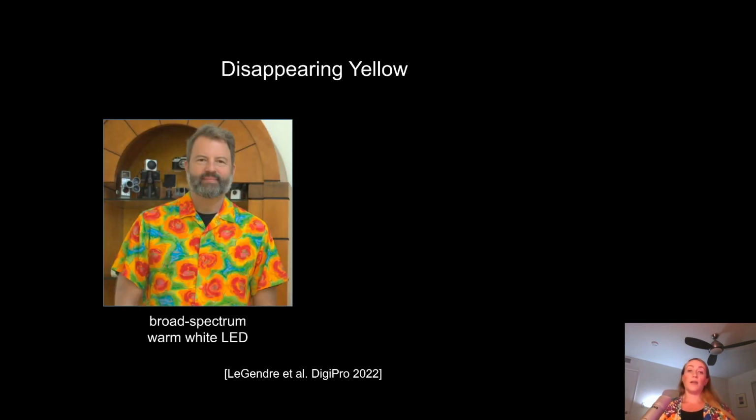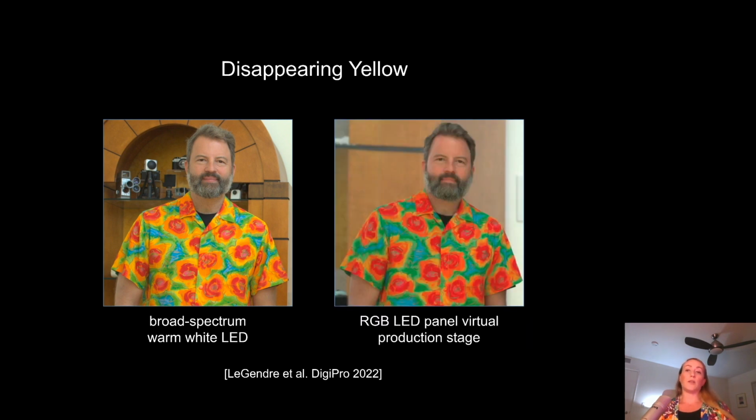The image here on the left shows Paul in his Hawaiian shirt under a broad spectrum warm white LED. And on the right, we can see the appearance of the shirt under an RGB LED virtual production stage that's trying to reproduce this illumination. In this case, we've matched the color of the light, and so the white balance here is the same. So Wenger et al. in 2003 thought about adding LEDs to fill in these spectral gaps for an individual light source.